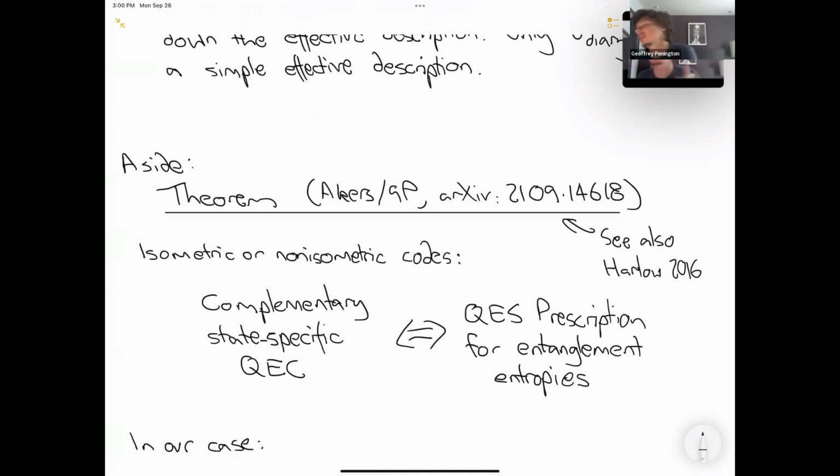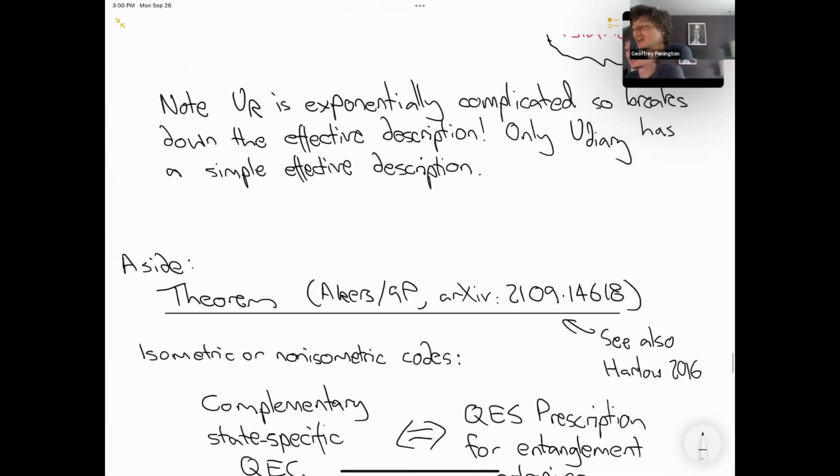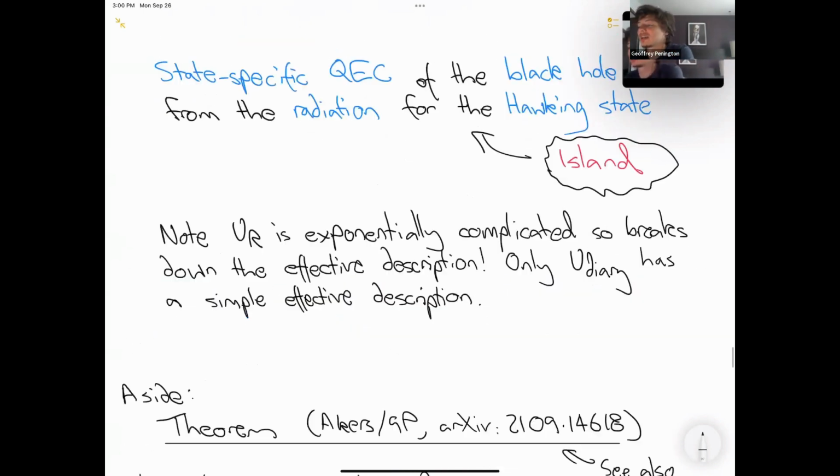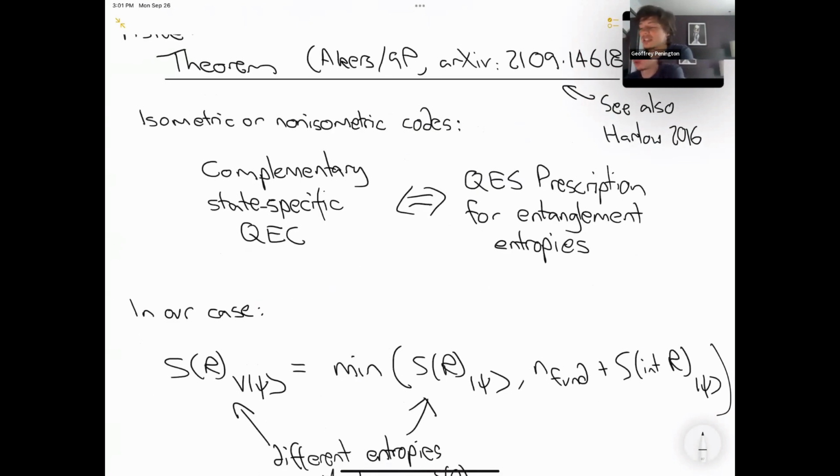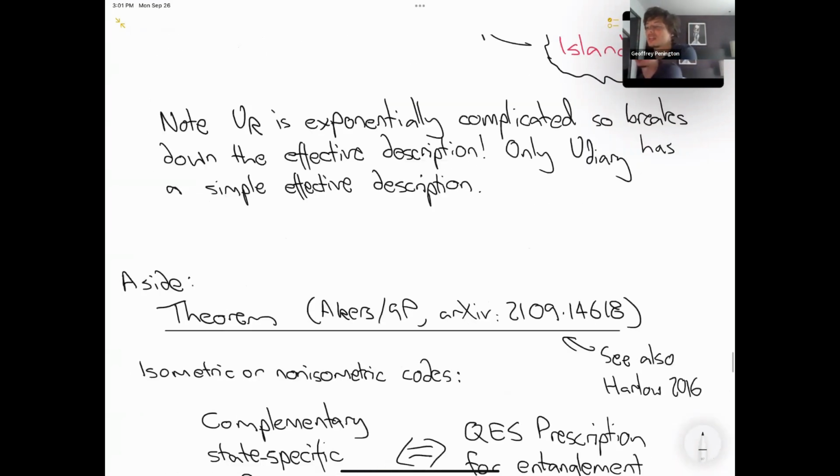You can look it up, but I'm not going to go into details. The entropy is always given by a minimization of that area plus bulk entropy over all possible bulk regions. So in this case, I just wrote 2 down, but really in this theorem, we would be minimizing.